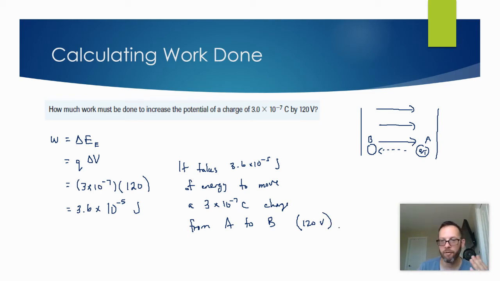Right now we're doing a simple calculation, just trying to wrap our minds around what that means. You can see why potential is useful: here we required a certain amount of work for this charge, and for another charge we'll need another amount of work. This 120 volts summarizes all that in one statistic.